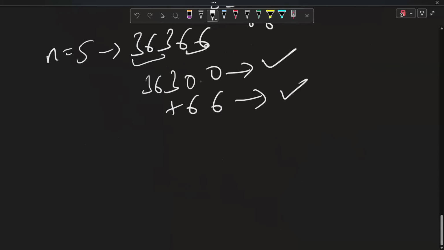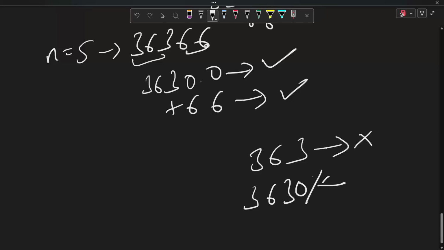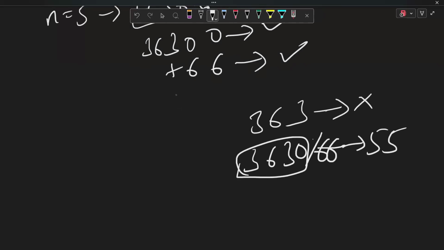If you use a calculator, 363 was not divisible, but 3630 divided by 66 gives us 55. So this number is divisible, and after that, however many zeros you add, they would all be divisible.